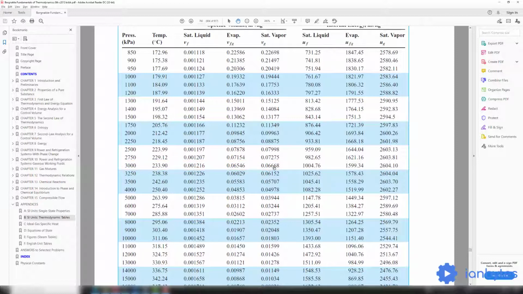Same goes with your specific internal energies and specific enthalpies. Kung yung actual value ng U at state 2 is somewhere in between UF and UG, then you can conclude that it is saturated mixture.